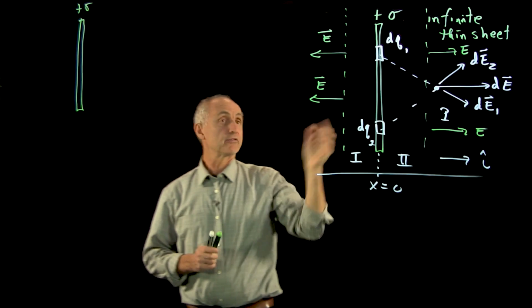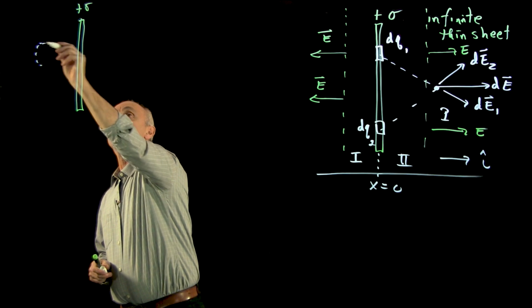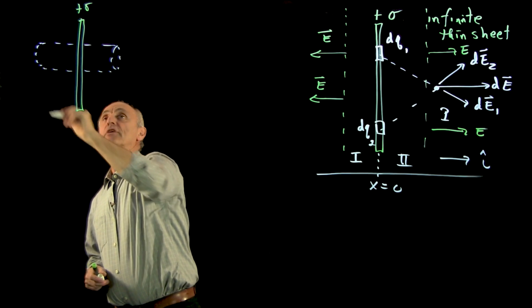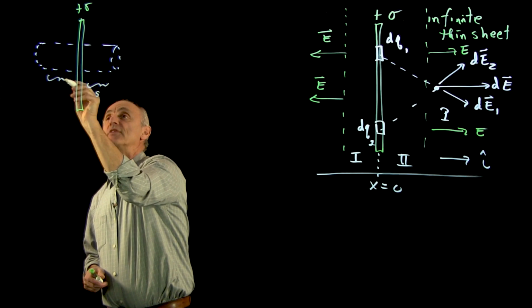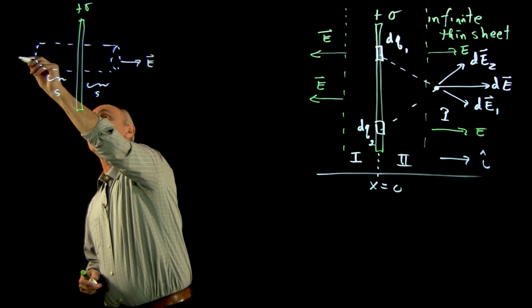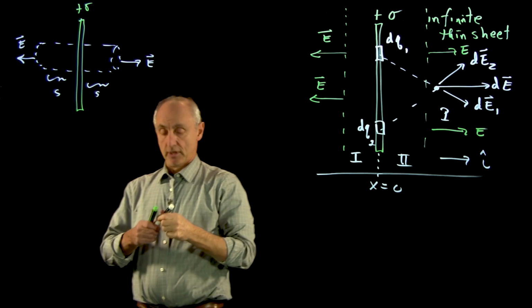By the symmetry of the problem, the best Gaussian surface that we can choose is a little Gaussian cylinder. We want both of these sides to be the same distance, and that way, the electric field on both sides will be the same in magnitude by the symmetry.